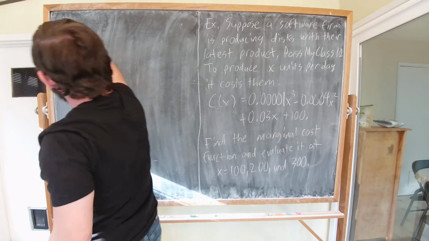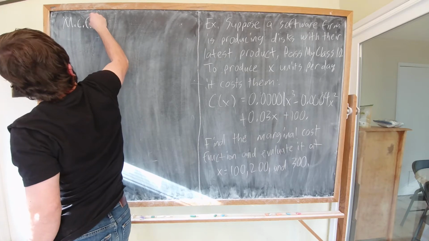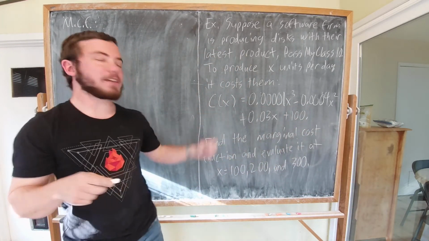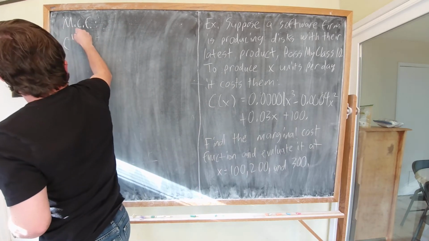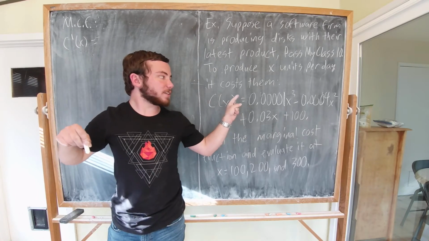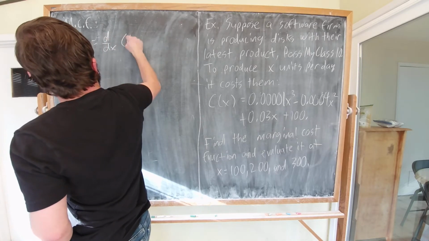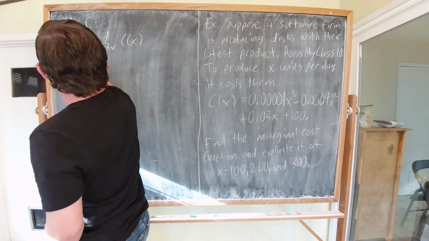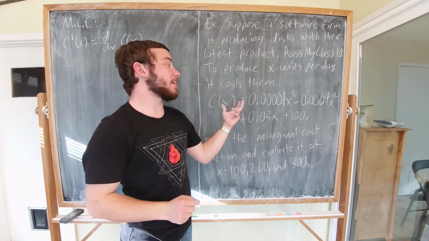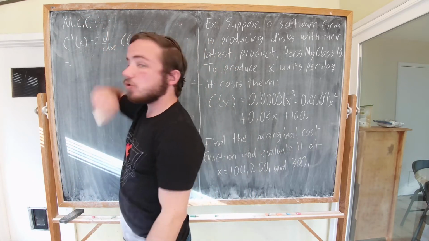All right, so the marginal cost function, which I'll abbreviate as MCF, is just, by definition, the derivative of C of x. So we calculate C prime of x, which is what? Okay, d dx of C of x, which is, by the sum rule, we split each of these things up. By the scalar multiple rule and by the power rule, we can compute the rest. So, try it yourself.